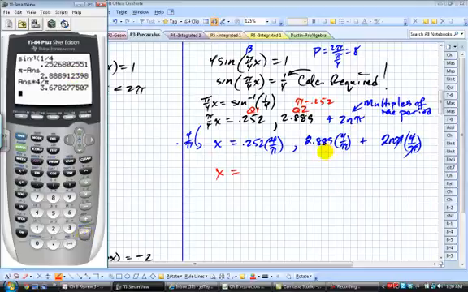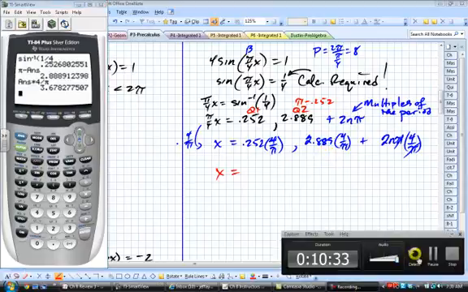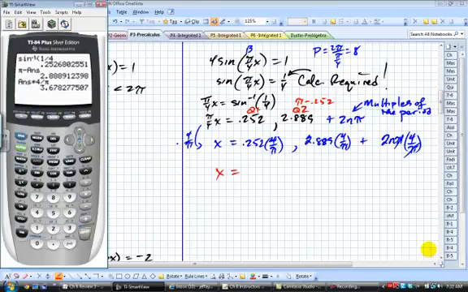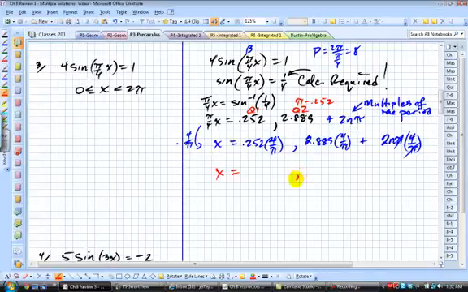So I got 3.678. Hang on for a second here. Okay, I'm back now. I was just checking something. I get my first solution here at 3.678, so I'm going to write that down.